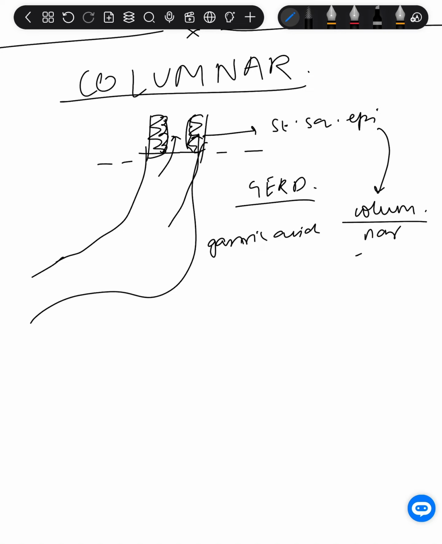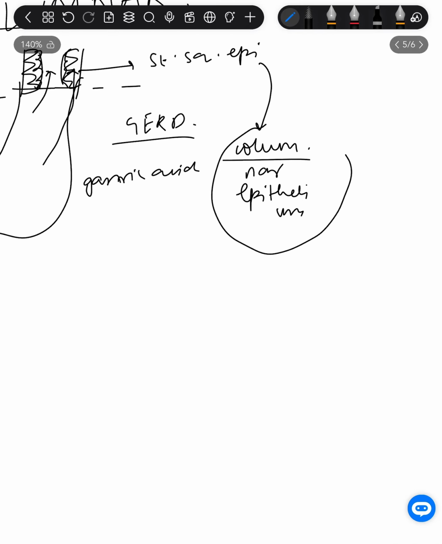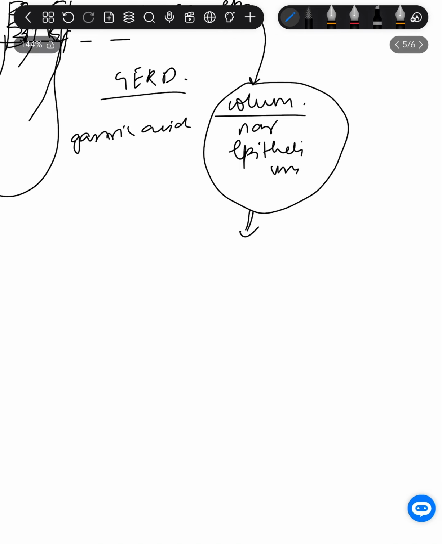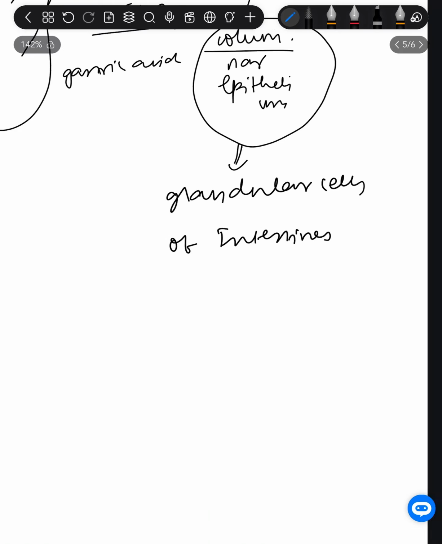You will say, oh, how is that even protective? What is happening here? This columnar epithelium is not just ordinary columnar epithelium. This is behaving like glandular cells. Mark my words, please, glandular cells of the intestine.